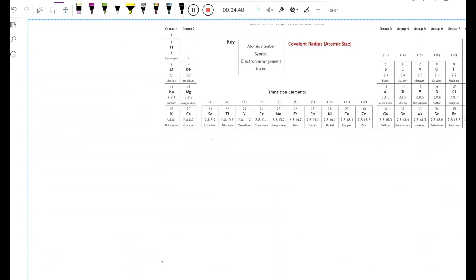Okay, so the first trend we're going to look at is the covalent radius, or the atomic size. Alright? In general, as you move down a group, your atomic size increases.